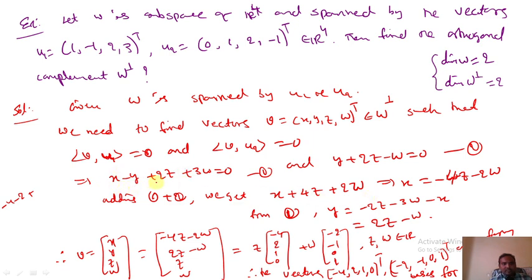Let's take it again: x minus y plus 2z plus 3w, and y plus 2z minus w. When you add these, y cancels, x plus 4z minus 2w. So x equals minus 4z minus 2w. And y equals 2z plus 3w, this plus only.